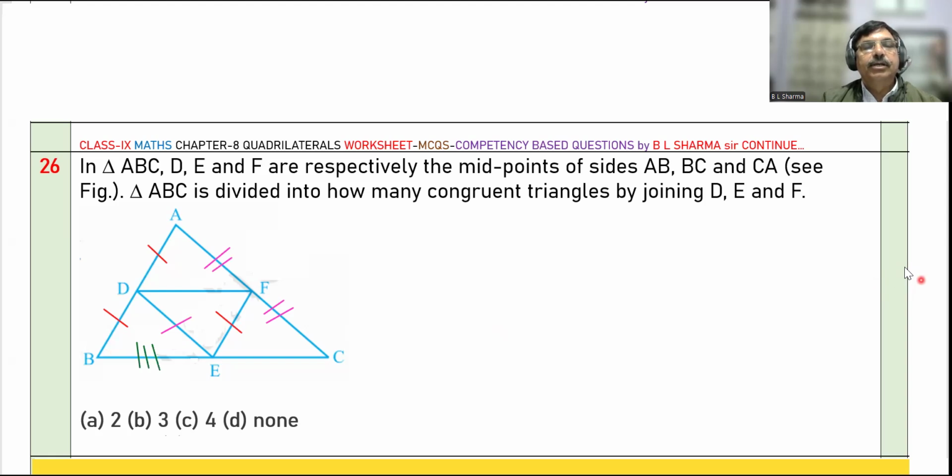Similarly, DE is half of AC, so DF will be half of BC, or you can say DF will be equal to BE is equal to AC.